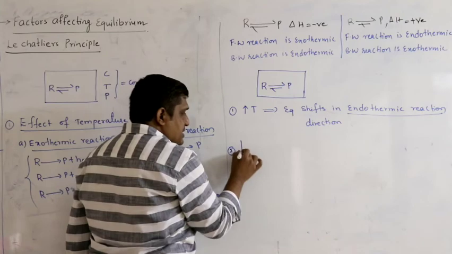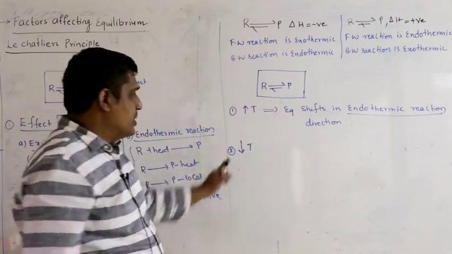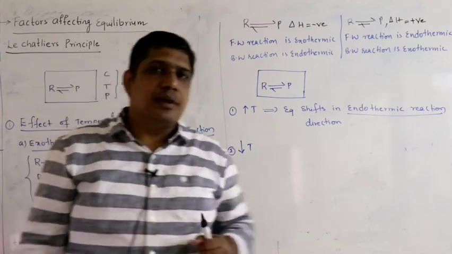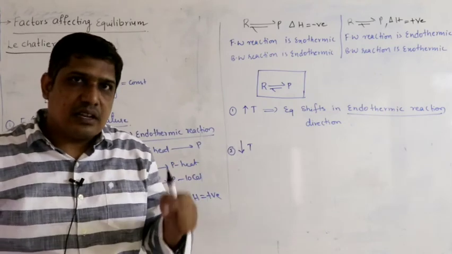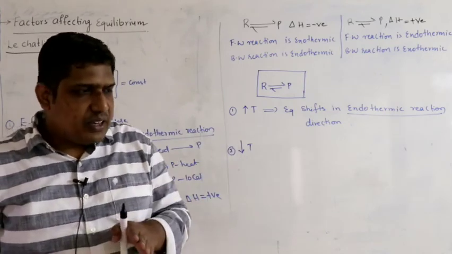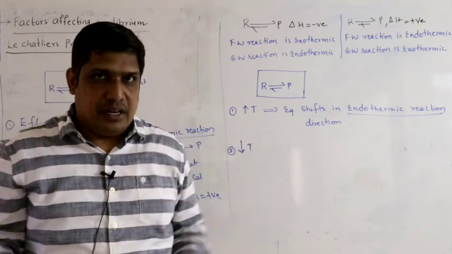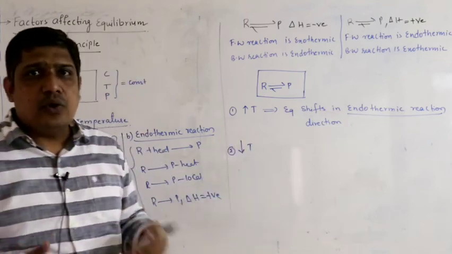Suppose I decrease the temperature of the system which is at equilibrium. Then the system will not remain at equilibrium. It will try to re-establish the equilibrium by shifting in a direction which proceeds with release of heat. Since we are decreasing the temperature, it will try to increase it. How?